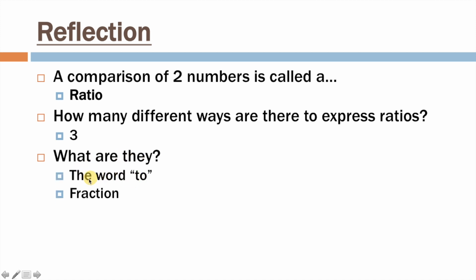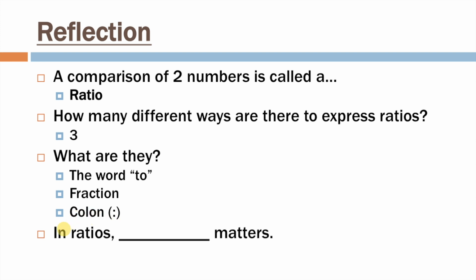Second, we can represent the ratio as a fraction, where the first number goes on top and the second number goes on the bottom. And the third way is using a colon, which are those 2 little dots. In ratios, blank matters. Order. Remember, the first thing that's mentioned has to be your first number, and the second thing mentioned has to be your second number. Be careful, don't fall for the traps.